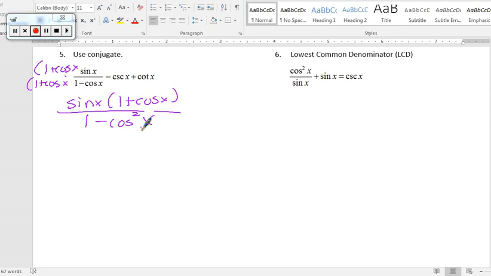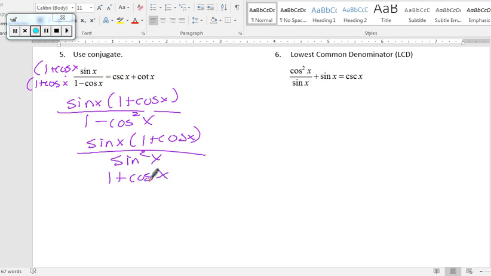But 1 minus cosine squared x is that basic Pythagorean identity where we scoot the cosine to the other side. So that's going to be the same as sine squared x. One sine will cancel from the numerator to the denominator. Since we are over just one term in the denominator, we can go ahead and split the two.